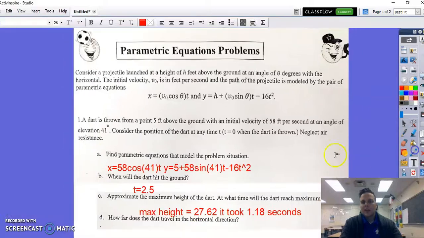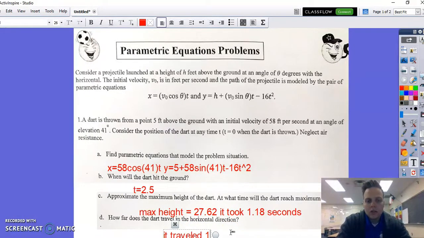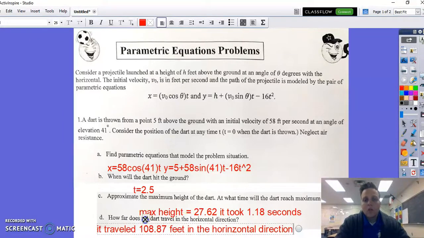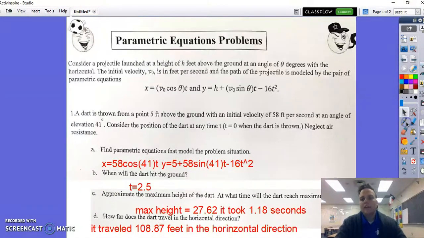So let's say that it traveled 108.87 feet in the horizontal direction. Okay, so those are all the answers. I hope that the calculator portion is a little cleared up for you. Okay, so let's go ahead now and go on to our next question.